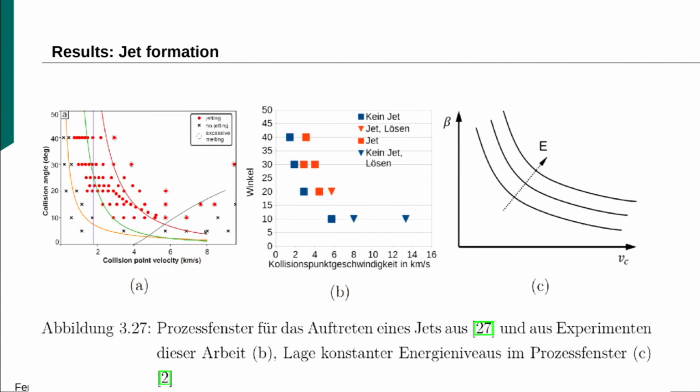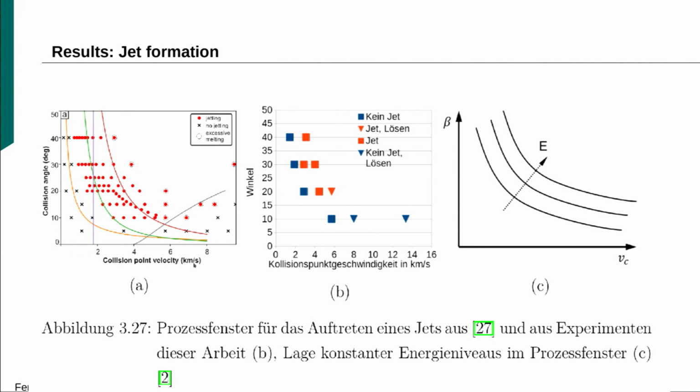So I want to summarize these things. On the left side, we see an experimental graph, what the people from this collision welding community always show. It's a kind of, I wouldn't call it a phase diagram, a diagram for the good set of parameters.